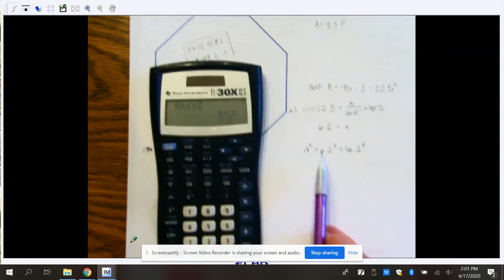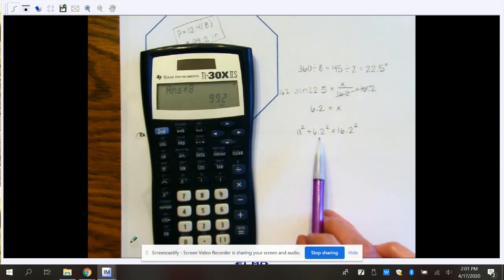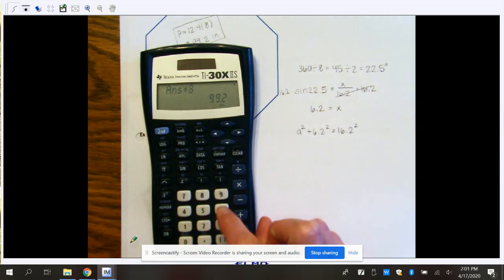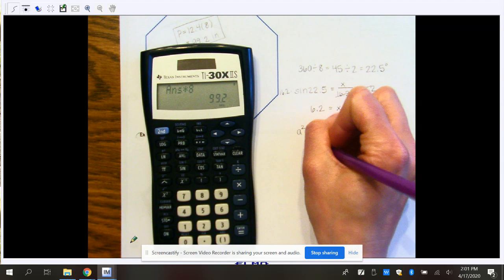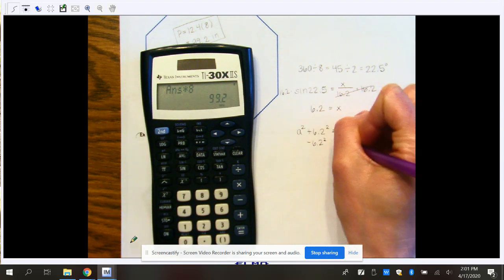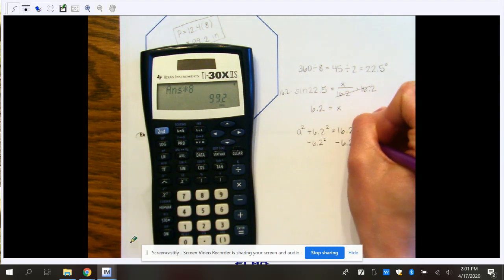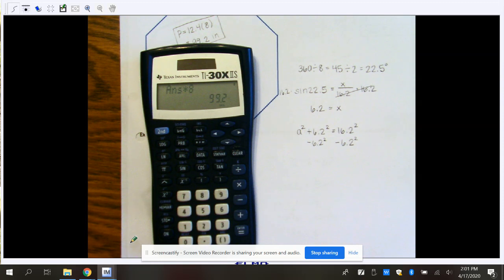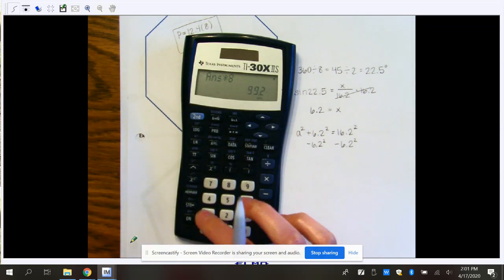Now this is a mistake that I noticed several people were making in 10.1 and 10.2 with the Pythagorean theorem. Make sure that you are subtracting this. A lot of people have been adding, but we're trying to undo that.